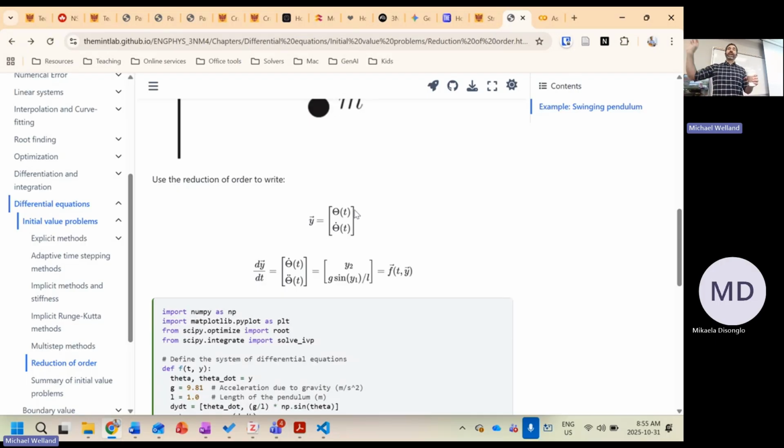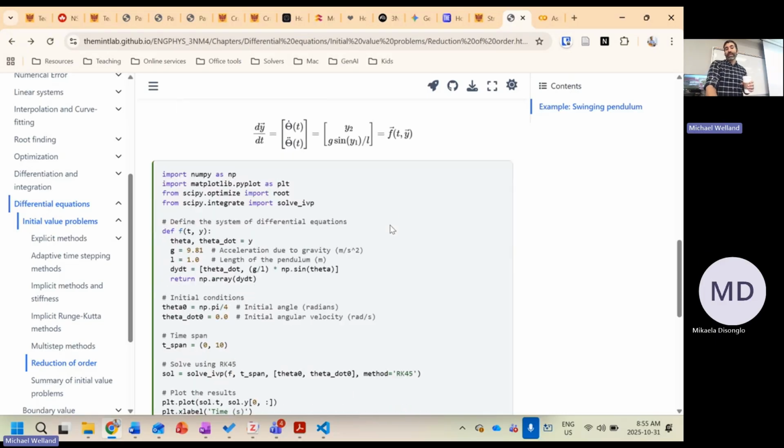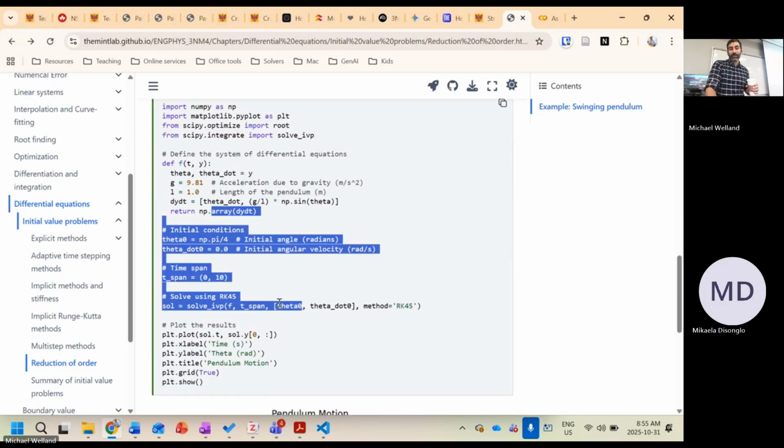So I'm just defining my unknown vector as being my angle and the rate of change of my angle, my angular velocity, right? dy by dt becomes this guy. This is the first derivative of the position. This is a function of the position over here. And then you solve for it, right?